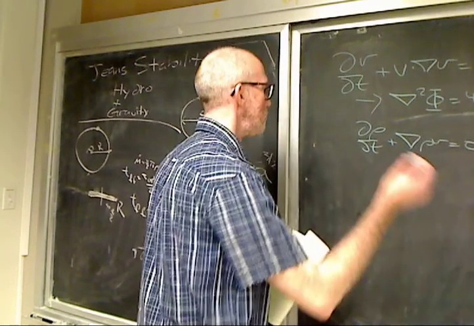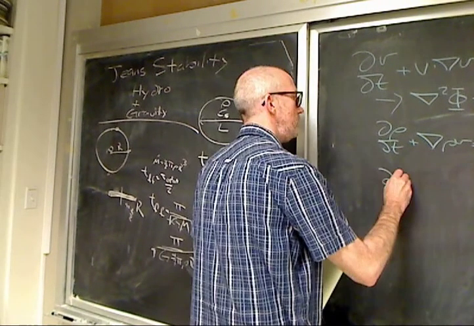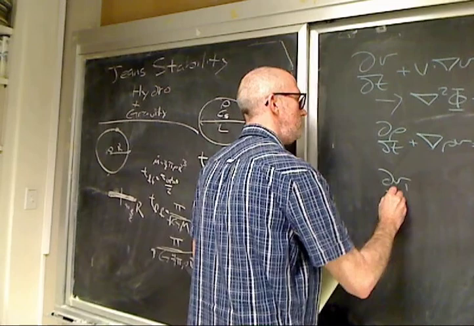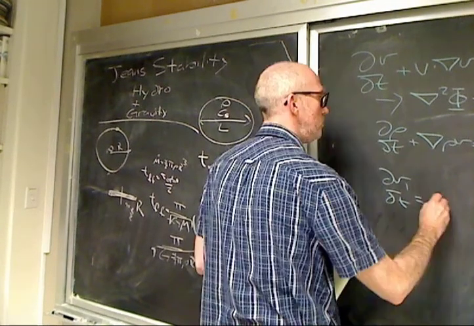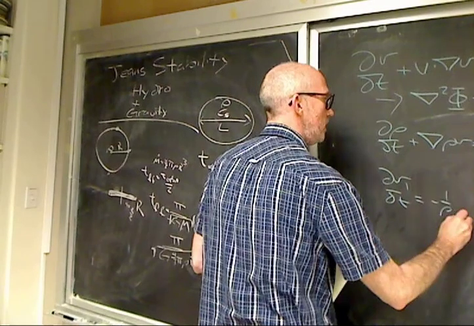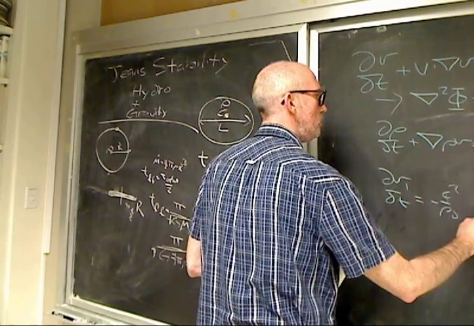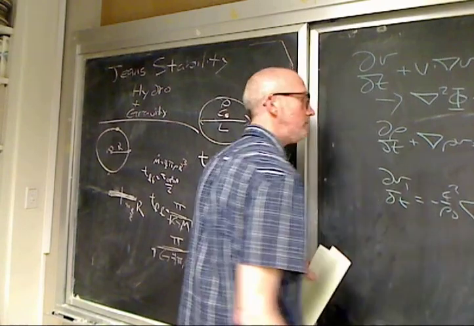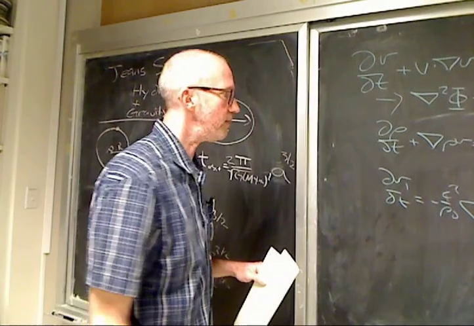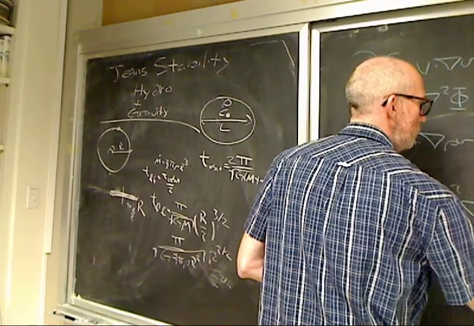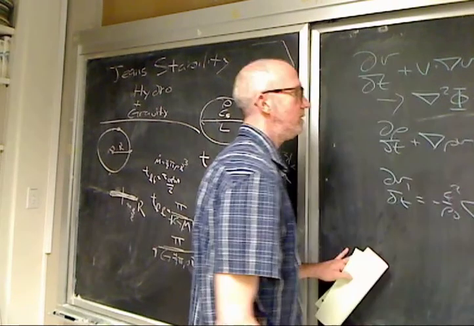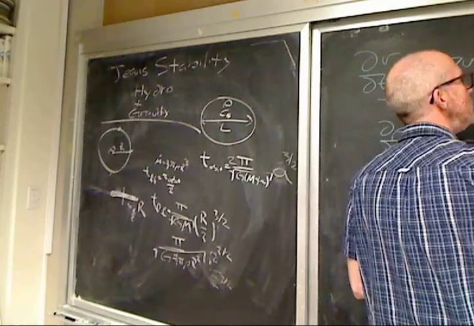And so when we linearize everything, we're left with dv1 dt. This goes away because linear, equals minus c squared over rho naught grad rho 1. Should be familiar to everybody. Now I've got another thing, minus grad phi 1. Oh, I've got a potential field. Uh-oh.